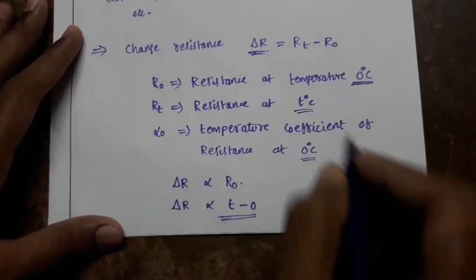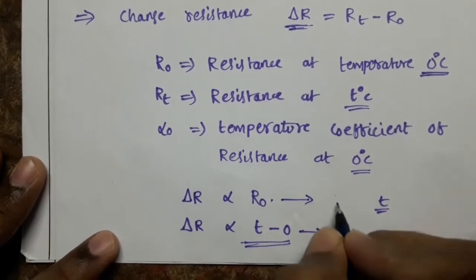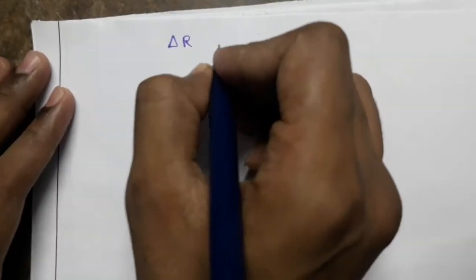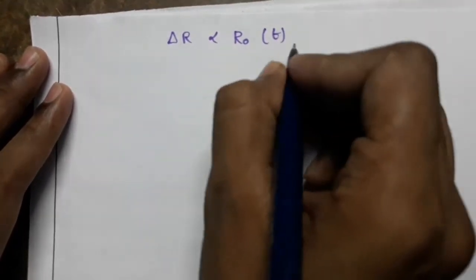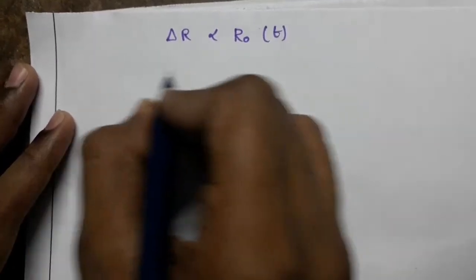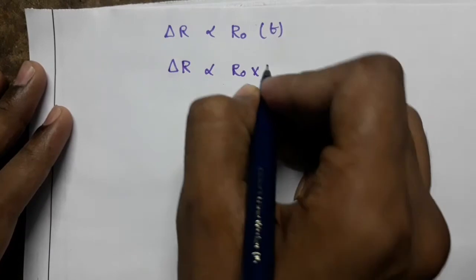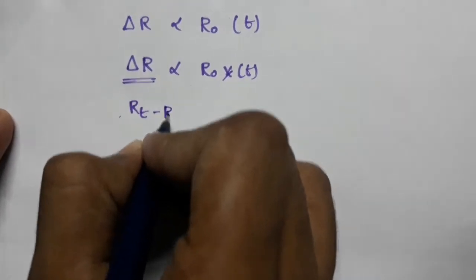I am taking this as 1 and this as 2. From 1 and 2, we get that the change in resistance is proportional to the original resistance into the rise in temperature, that is T. Delta R is proportional to R naught into T. Delta R equal to RT minus R naught.